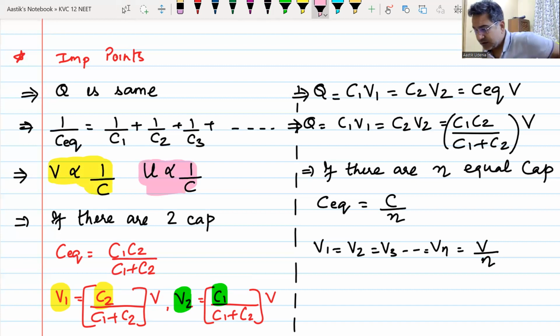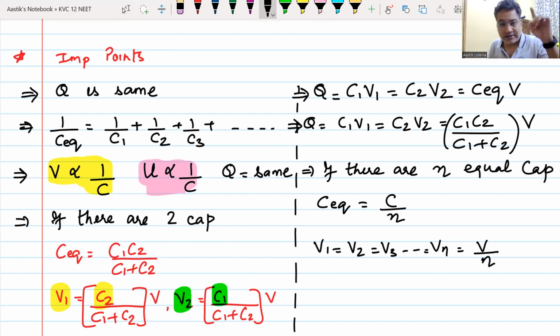The charge coming on each capacitor is same, so voltage drop across each capacitor is inversely proportional to C, whereas the energy stored in the capacitor is also inversely proportional to C.